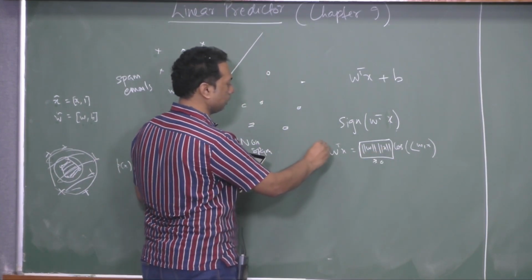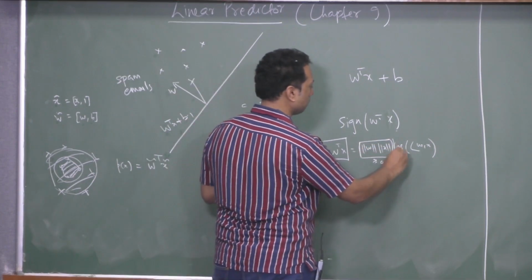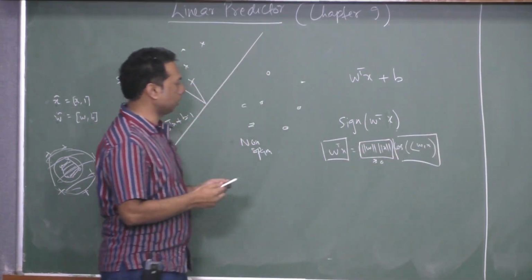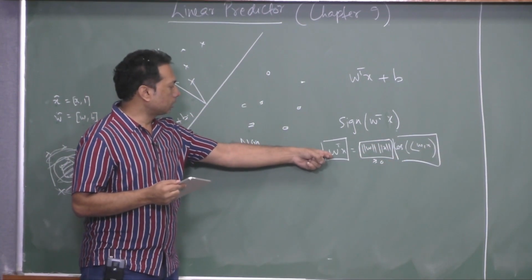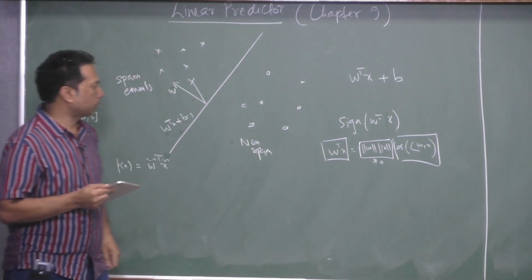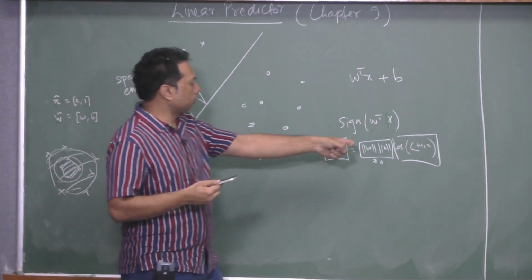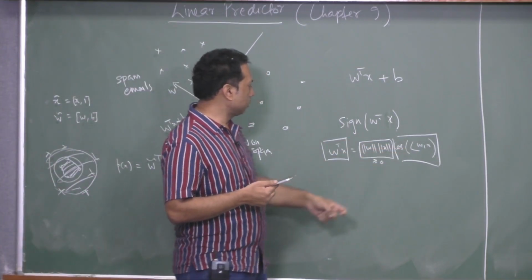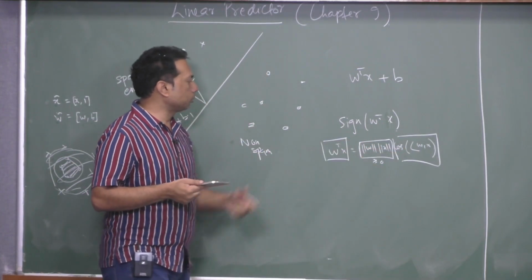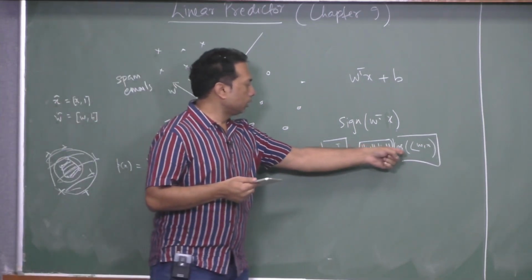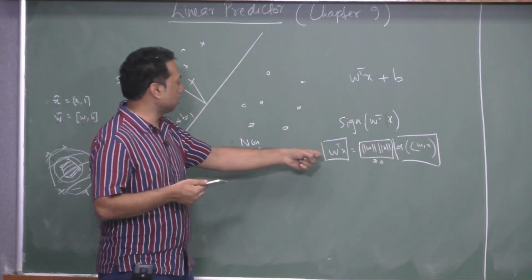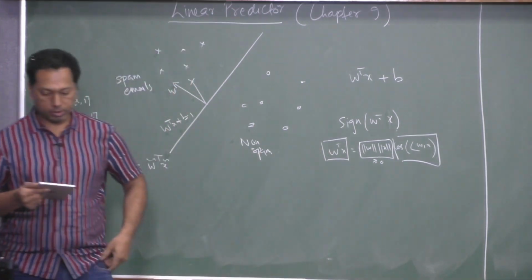So the cosine of the angle that I'm looking for is exactly determined by the sign of W transpose X. The angle will be acute or obtuse based on the sign that W transpose X is making.